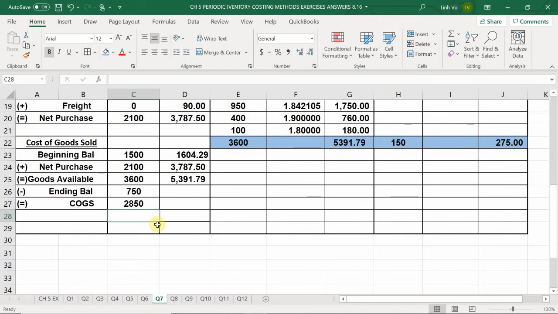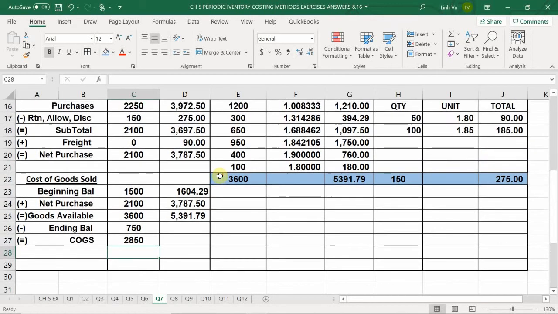We sold 2,850 units. Okay. So let's go ahead and make this column into our cost of goods sold.